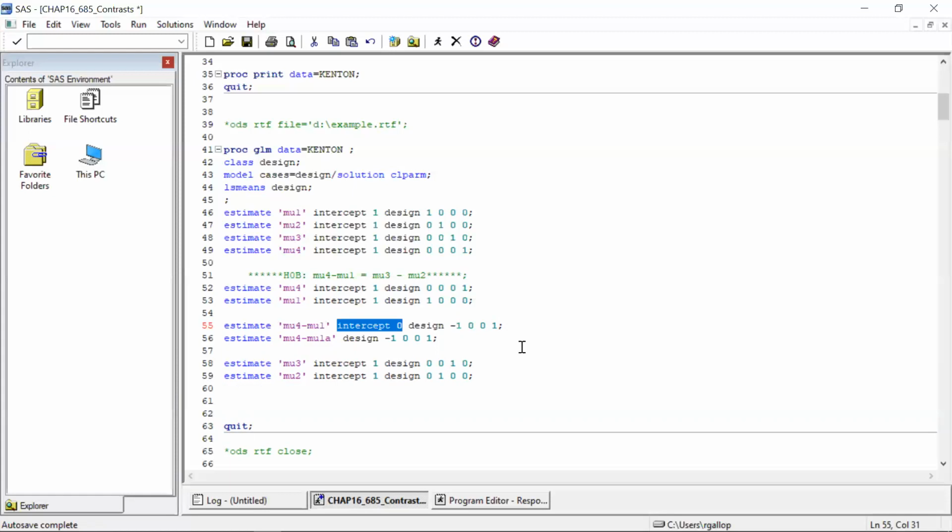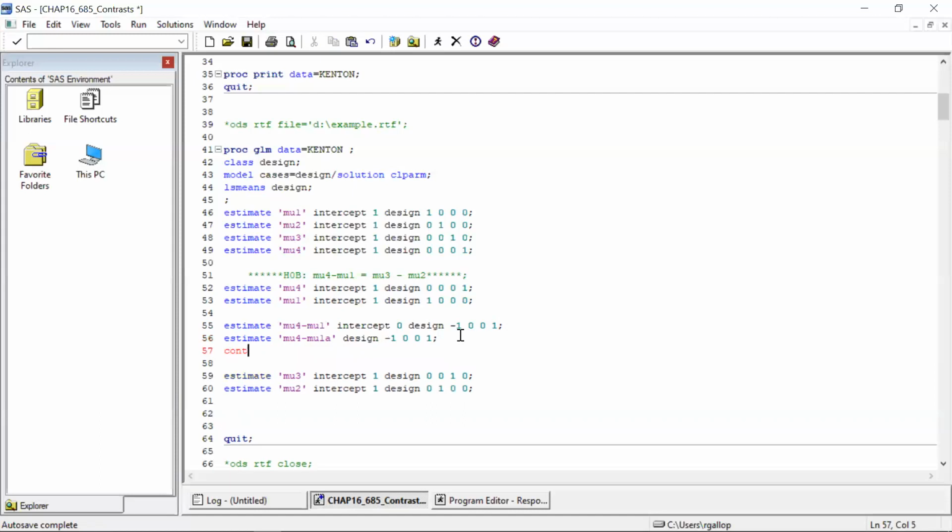Line 56, that is a contrast. With the factor design, all the coefficients sum to 0. So in fact, this portion of the command could be written as a contrast.